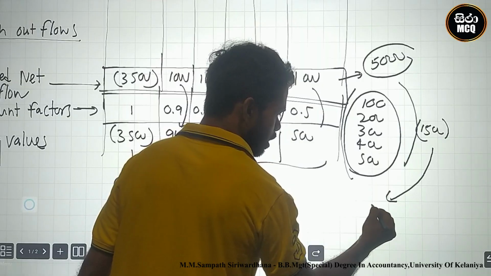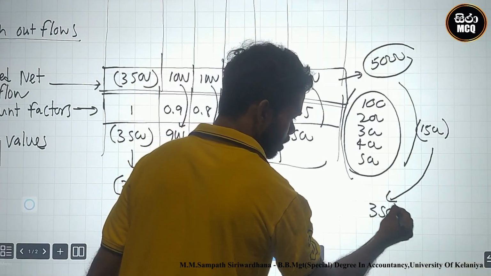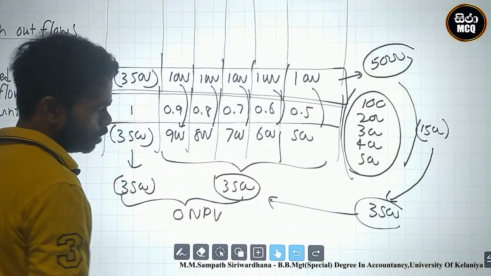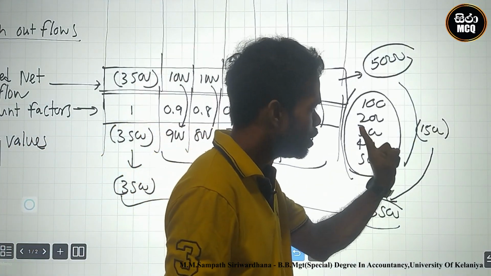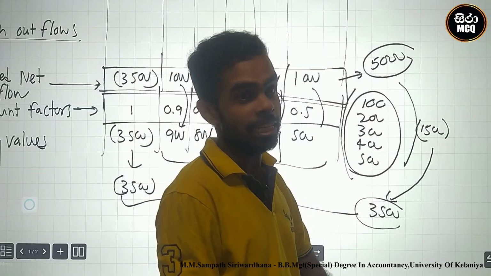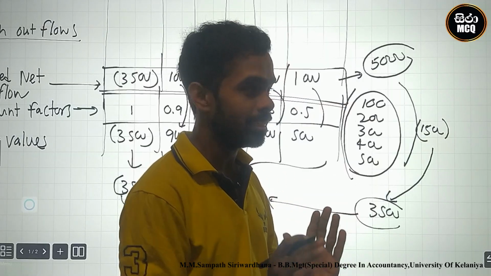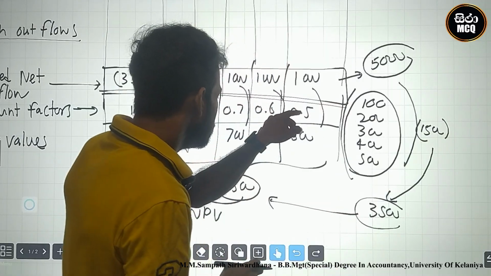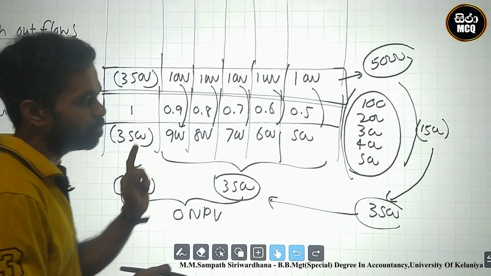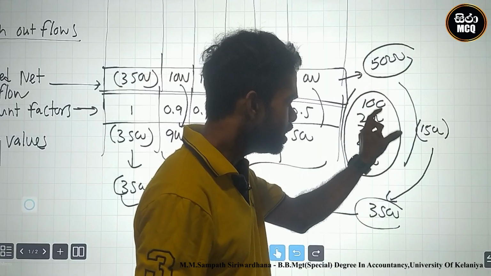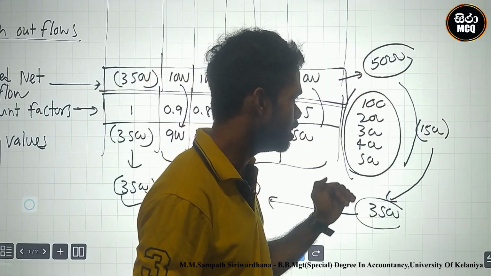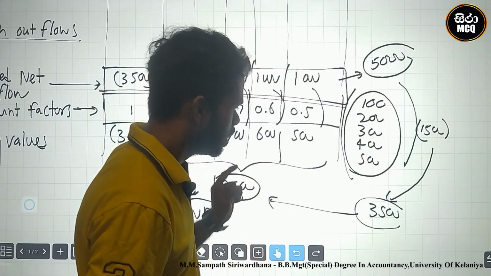After that, the present inflow was 3500. The display of the inflows is 3500. Why? The expected rate of return is already covered. He gets it easily, he hides it using these discount factors. Expected rate means interest. Okay, interest was hidden using these discount factors.